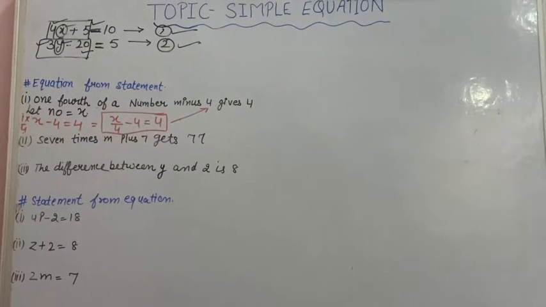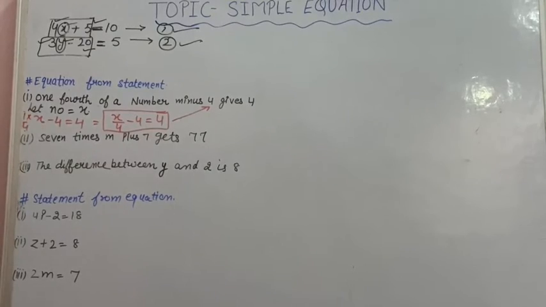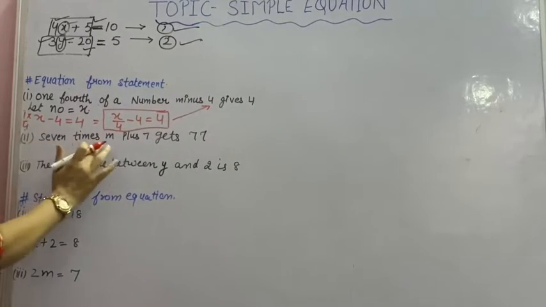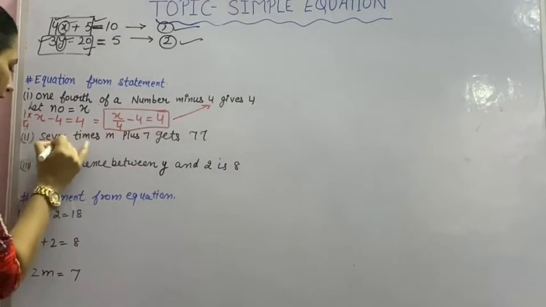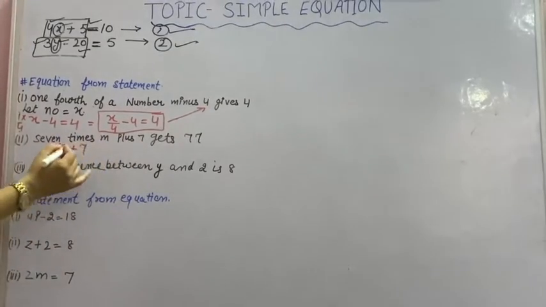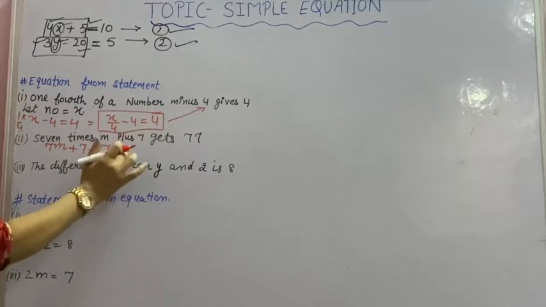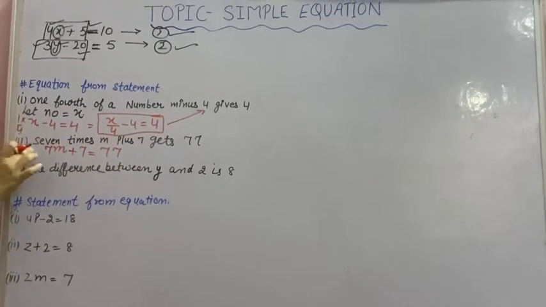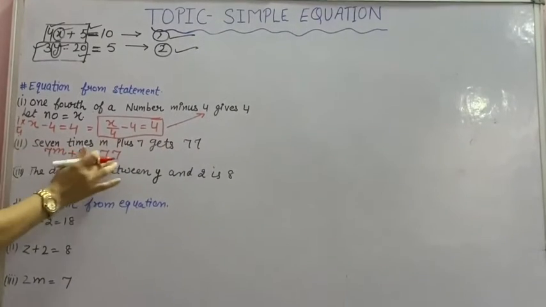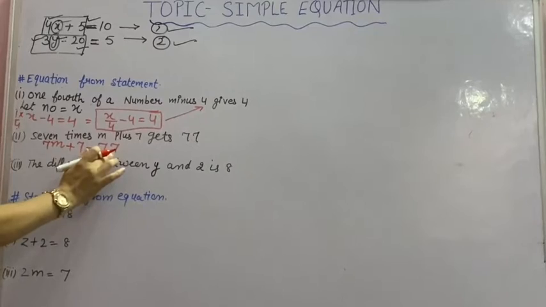Second is 7 times m plus 7 gets 77. 7 times m means we multiplied 7 with m, plus 7 gets 77, that is equal to 77. We write this statement as the equation 7m plus 7 is equal to 77.